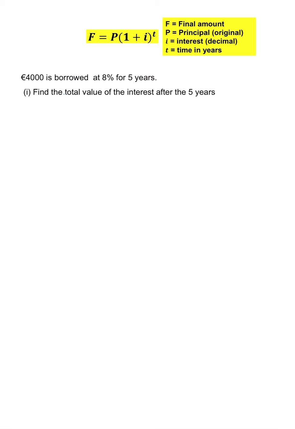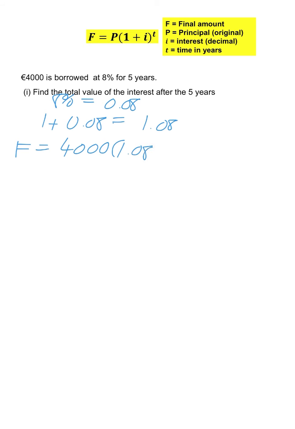So we have 8%, so that will be 0.08 as a decimal, and then 1 plus 0.08 will be 1.08. So our final amount equals P, the principal, which is 4,000, times 1.08 to the time in years, so to the power of 5.